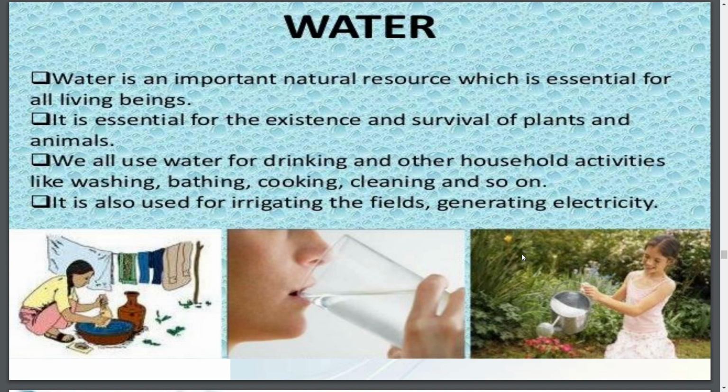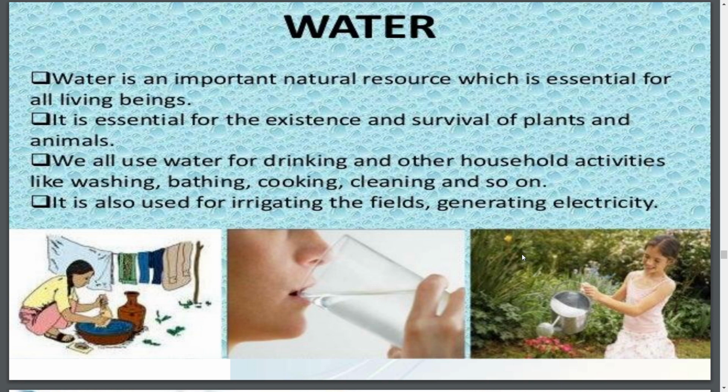Now, what is water? It's an important natural resource, essential for all living animals, plants and human beings. It is an essential element, because we can only survive through it.